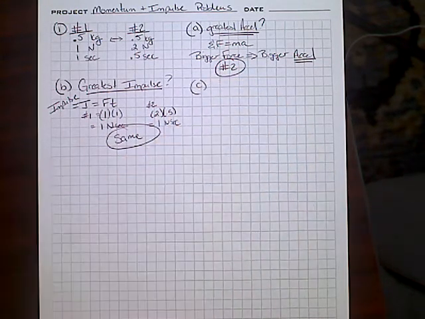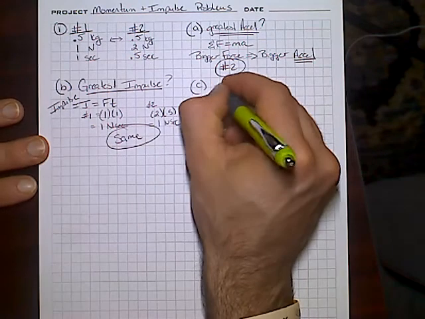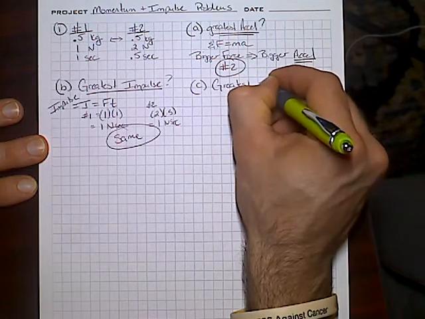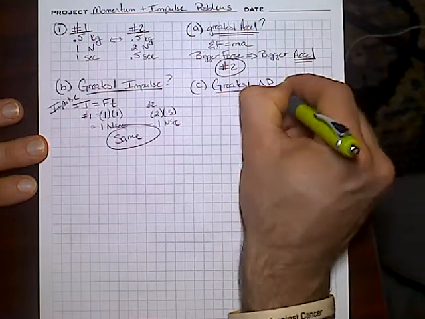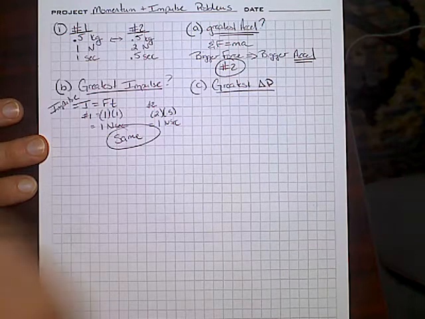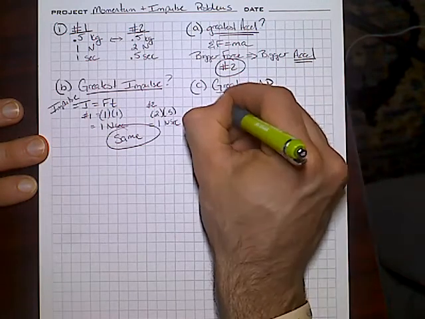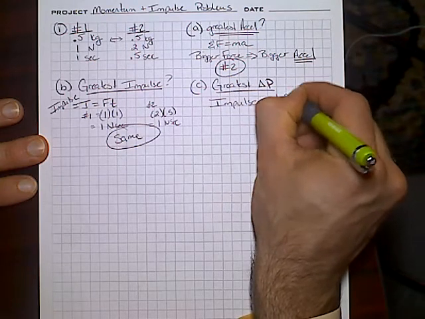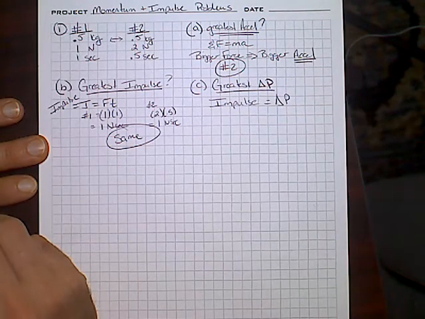And then last, we'll talk about the third part. Which one has the greatest momentum change? Greatest delta P, greatest momentum change. We know that impulse, by definition, equals delta P, a change in momentum.